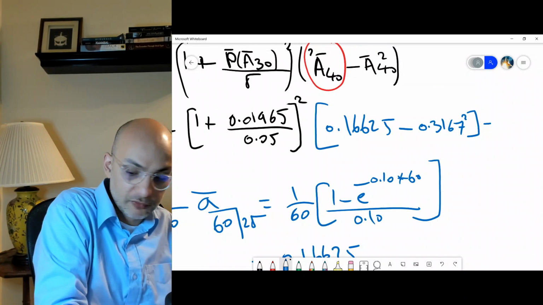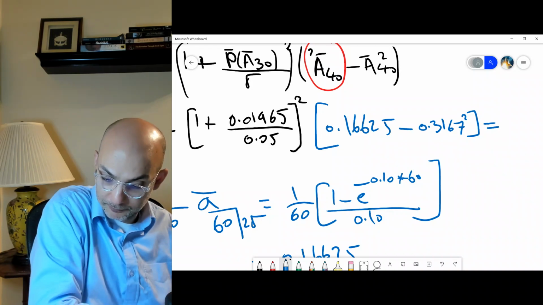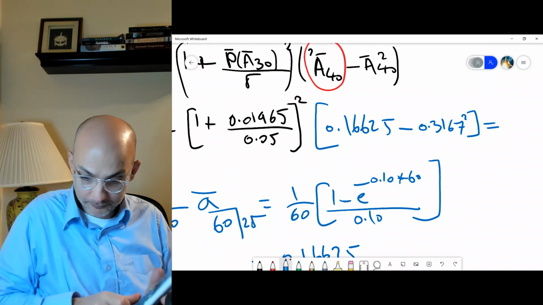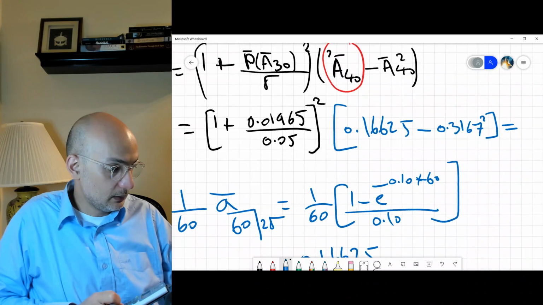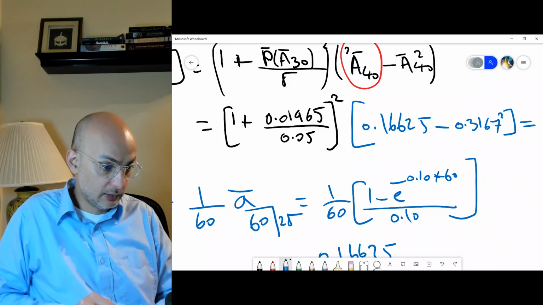So the variance, if you calculate the variance for this one, I didn't calculate it, so let me calculate it quickly. 0.16625 minus 0.3167 raised to 2.